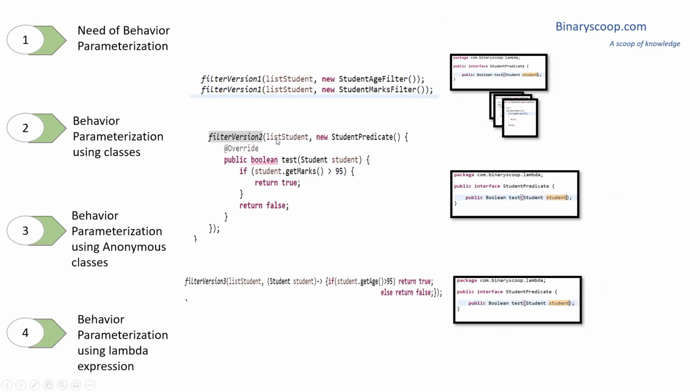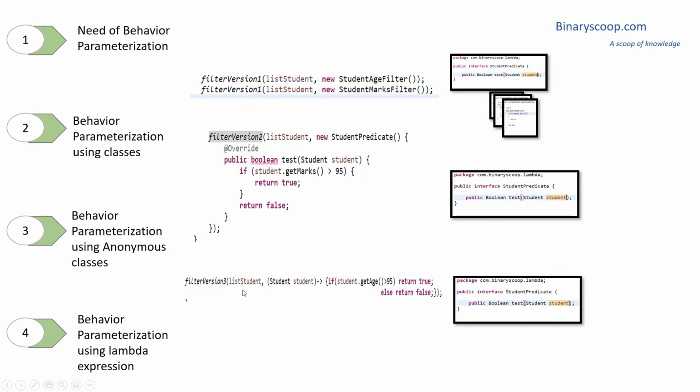Here you can see the three versions of the filter method: filter version 1, filter version 2, filter version 3. Filter version 1 is implemented using separate classes and interface. Filter version 2 is implemented using an anonymous class and there is no need for separate classes, so it is more concise as compared to the filter version 1 method.